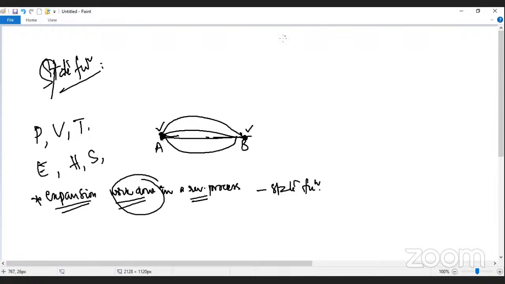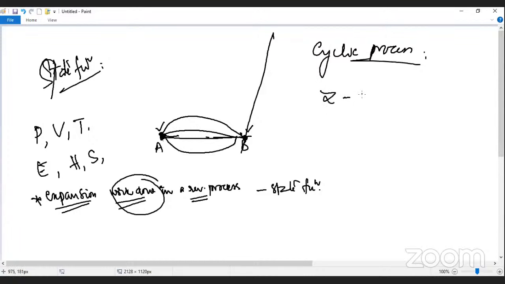Right, guys. Now, suppose I'm taking a cyclic process. Suppose Z is a state function.